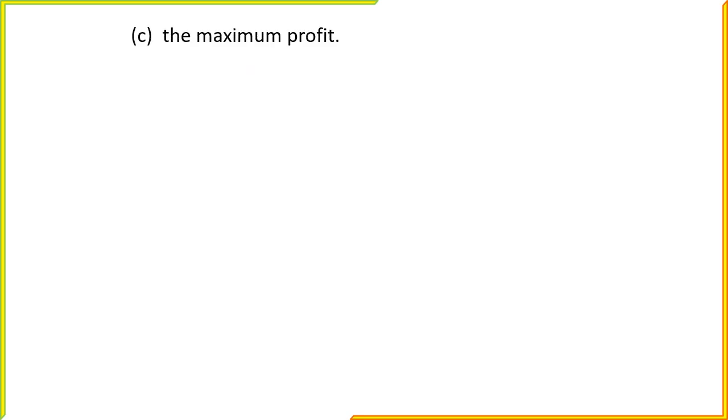The maximum profit. Earlier we found the maximum revenue. Now we want to find the maximum profit, which is actually more important than the maximum revenue. For the maximum profit, we need to find the profit function, which is revenue function minus cost function.